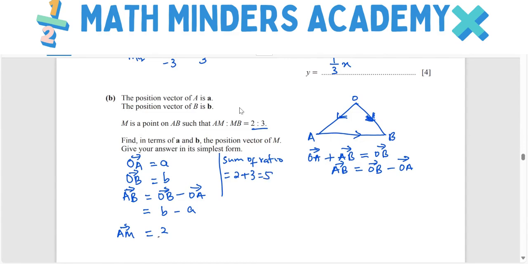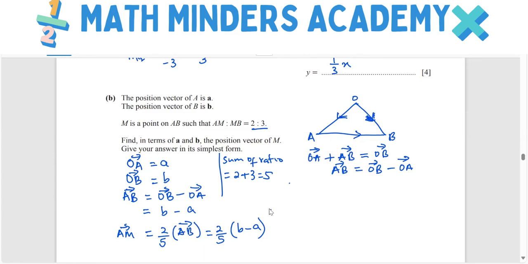So this is going to be 2 over 5. AM is 2 over 5 of AB, because it is AB that is divided into this ratio. So it's 2 over 5 AB, which is 2 over 5 times AB, and AB is b minus a, right?